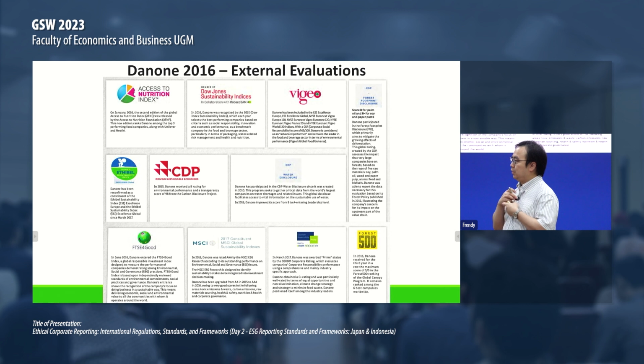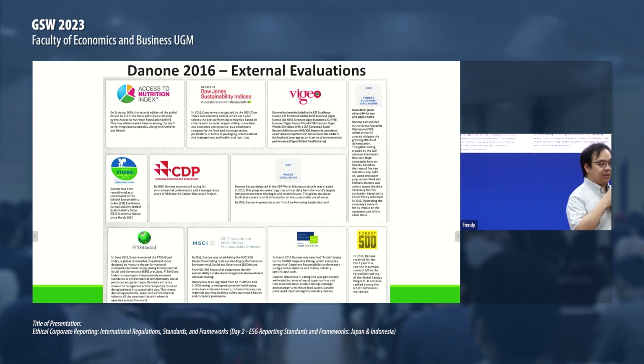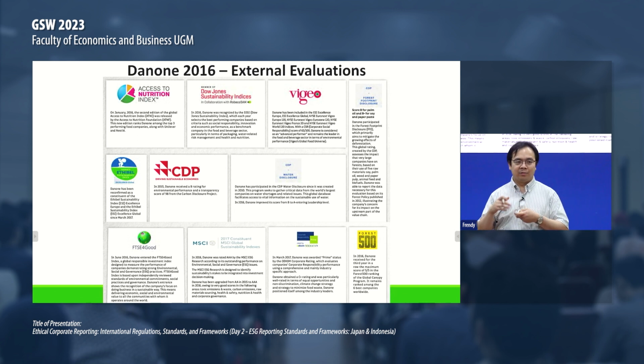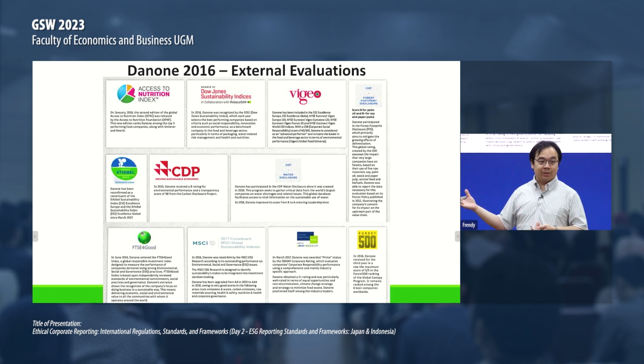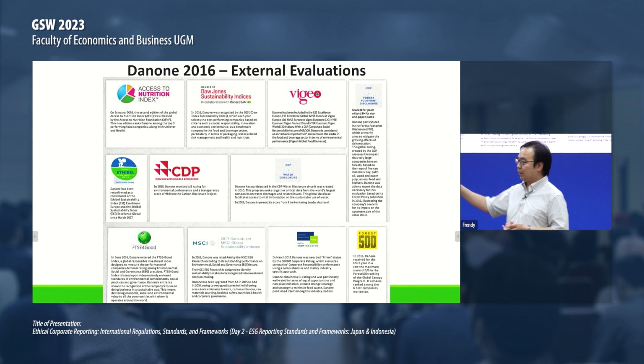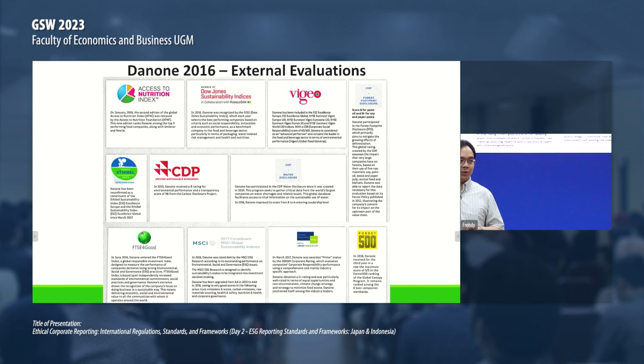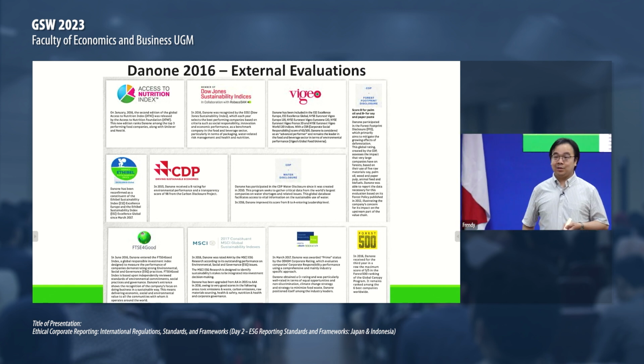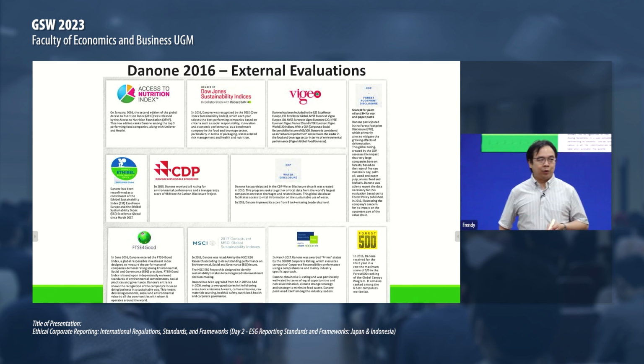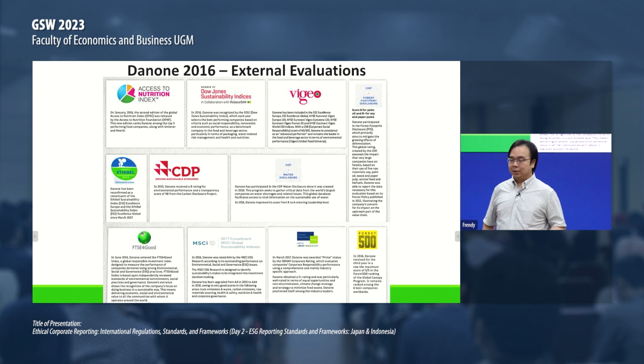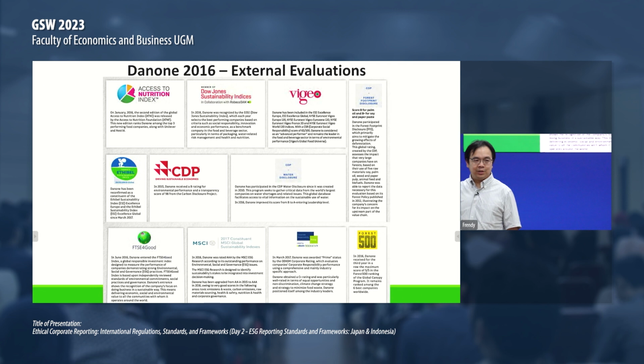As you can see, this is also one of the fastest growing aspects of ESG reporting. There are more and more companies that provide services to companies who want to assure their ESG reports. So if you are interested in consulting services, I believe more and more companies are looking for people who have knowledge in this sector.